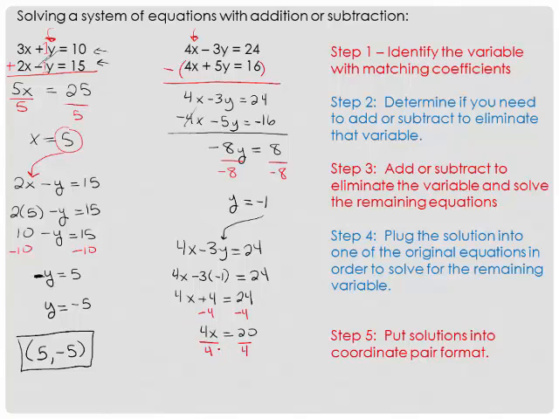Divide both sides by 4 to get that x is equal to 5. And my solution to this pair is 5, -1. That is the solution to this system of equations. So these are the steps that you'll follow. Maybe draw a line between here so you can see where one part ends and the next begins. Maybe double line.